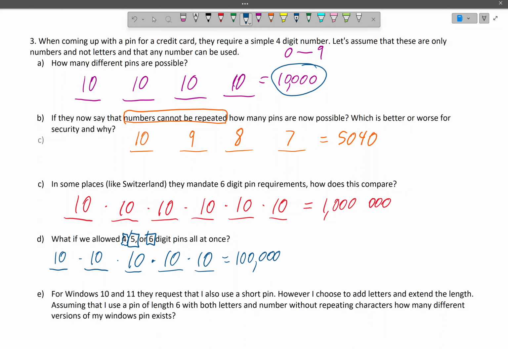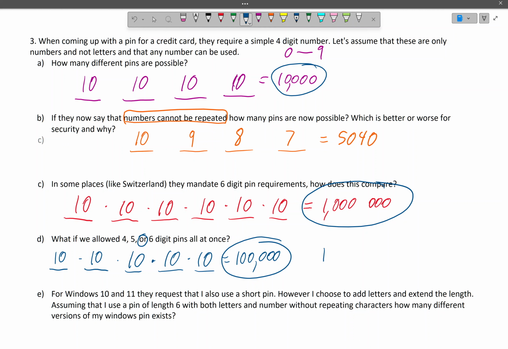But if we were to put 4, 5, or 6, and that or is really interesting and important. If we say or, that means we're going to be adding. So we're going to say this number, and this number added together because it could be 4-digit or 5-digit or 6-digit.